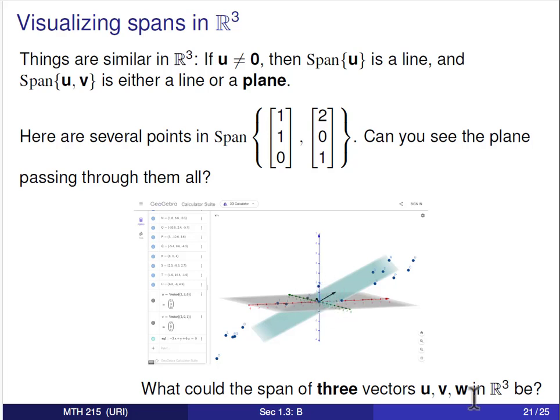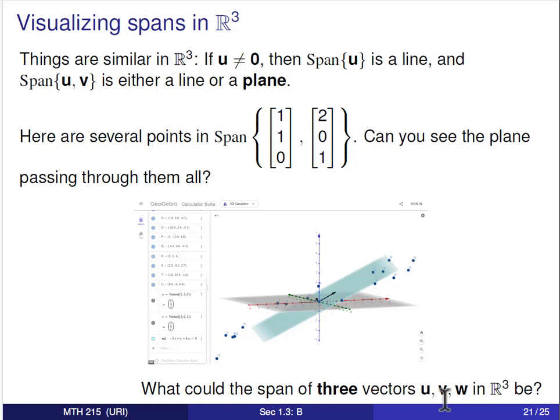On the other hand, it is possible for the span of three vectors in R3 to equal all of R3. If you can imagine that your vector u points straight in front of you, so steps in the direction of vector u are going to take you either straight forward or straight backwards, while vector v is the vector lying exactly to your right, so steps in the direction of vector v will take you either to the right or to the left if you walk backwards.